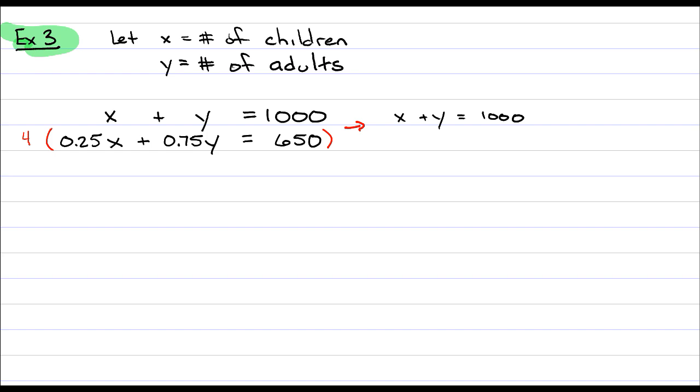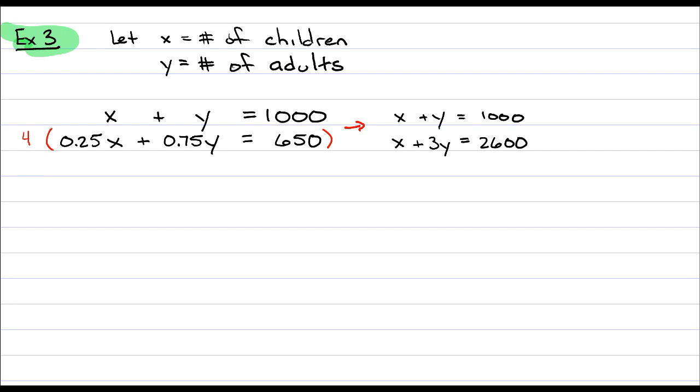And then the second equation gives me 0.25 times 4, so that's just 1. So I get X there, plus 4 times 0.75. Well, 0.75 is 3 over 4, so if I multiply that by 4, I get 3. 3Y equals 650 times 4 is, I think, 2,600.